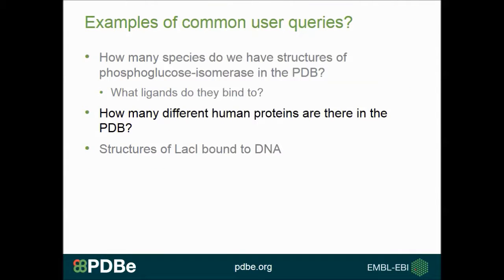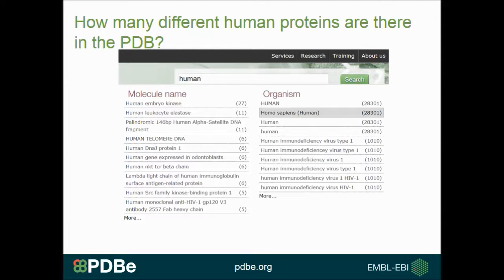The next question we have to answer is, how many different human proteins are there in the PDB? So we start again with our simple search box, type in human, we select Homo sapiens, human in this case, and we can see that there are 28,301 entries.